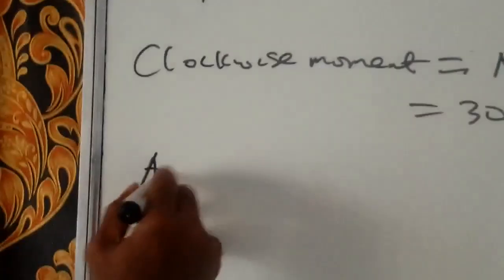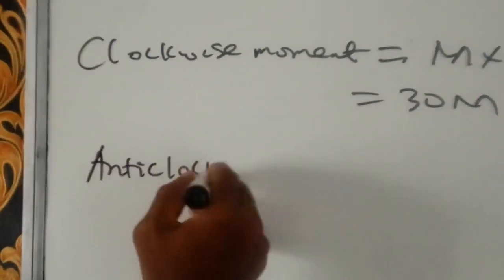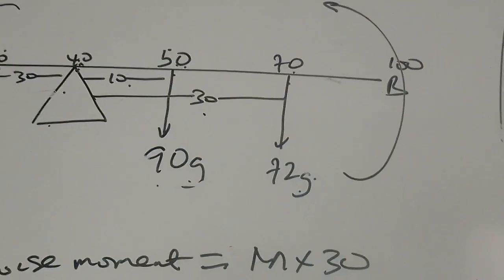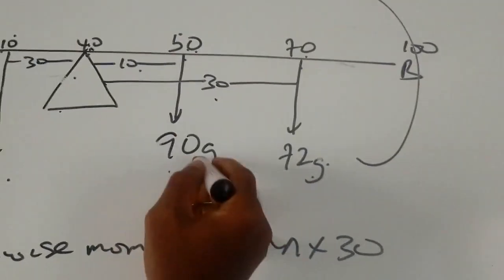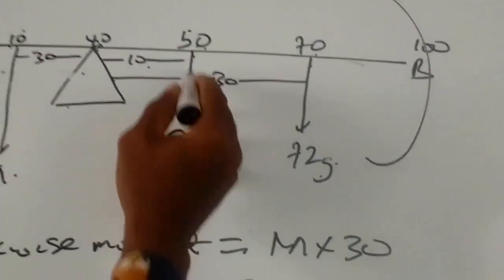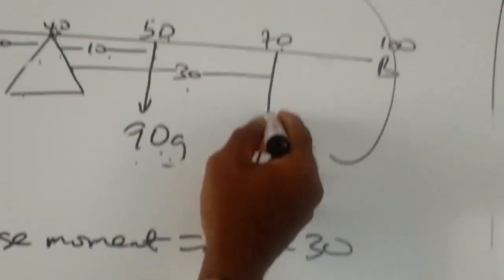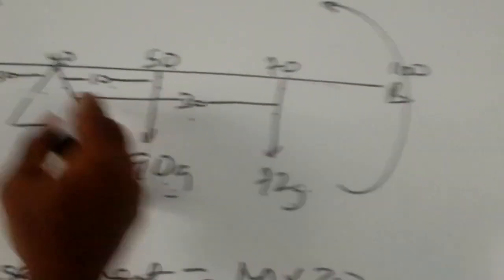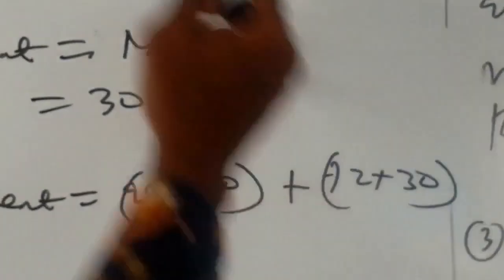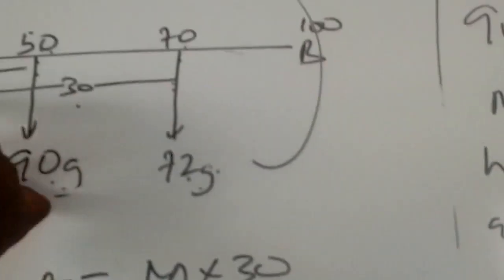Then the anti-clockwise moment goes to the other side of the pivot. We now have first the mass of the meter rule, 90, and its distance is 10, so 90 times 10, plus the other mass, 72, times its distance to the pivot, which is 30.